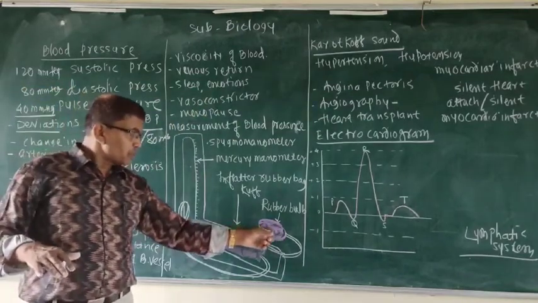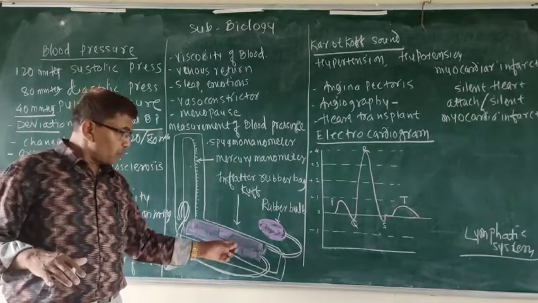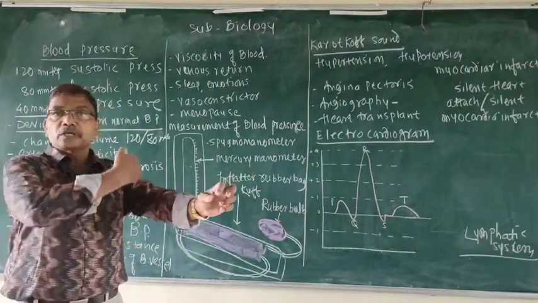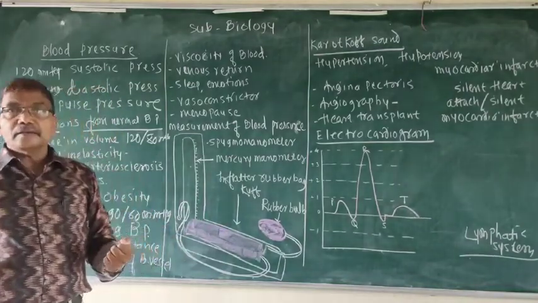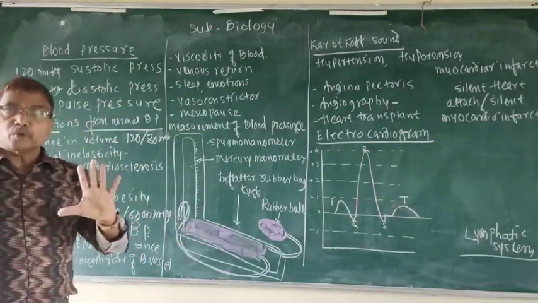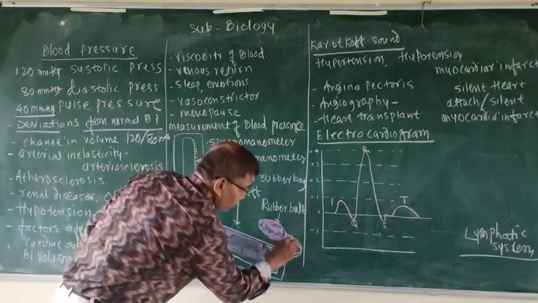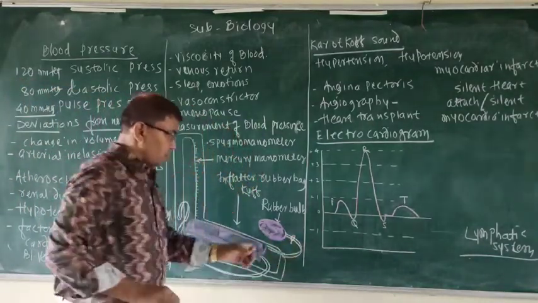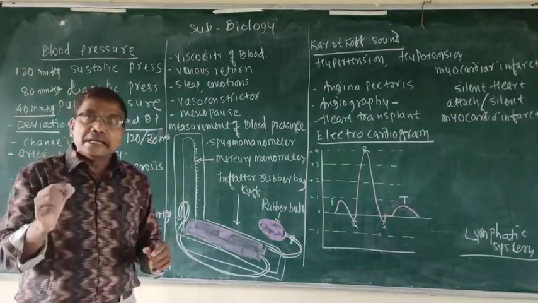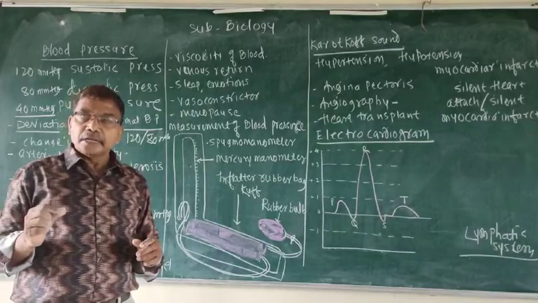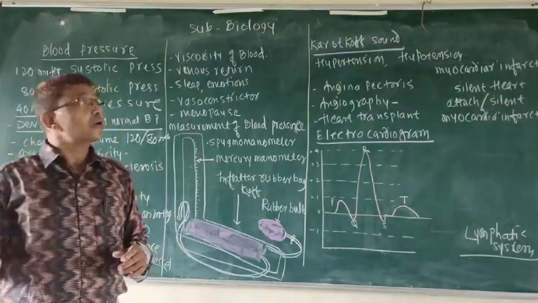Then the air in the rubber cuff wrapped around the upper arm is increased till the blood flow stops. Then slowly, with the help of the screw close to the rubber bulb, the air is released till the first pulsatile sound is heard.